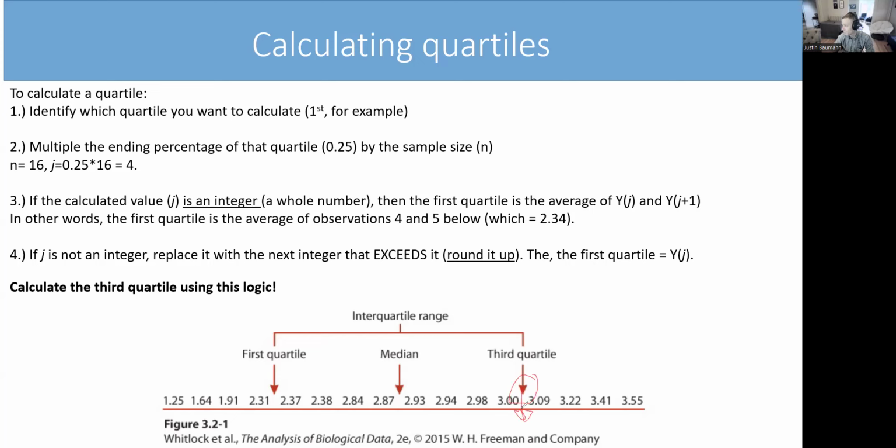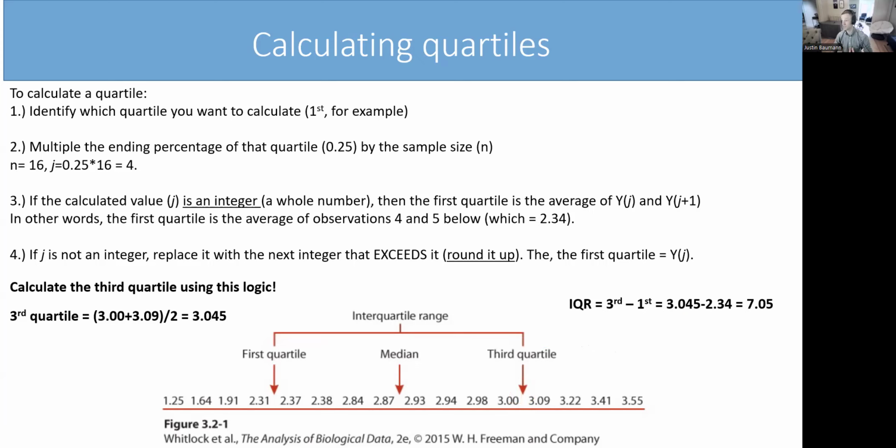Our third quartile, which would be the end of our interquartile range, would be the average of 3 plus 3.09, divided by 2. So that's 3.045. Hey, look at that. The third quartile is 3.045. So we did it. That's the interquartile range for you.